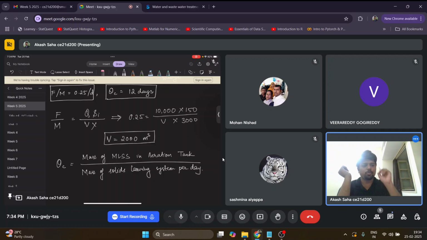We are asked the volume of the solids that is wasted. So if we know the mass, we can calculate the volume, right? So we will find out the mass.